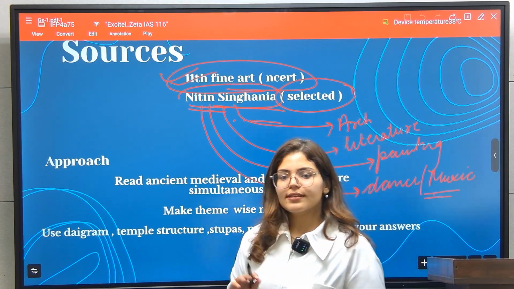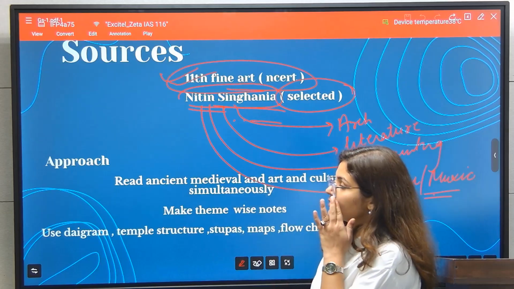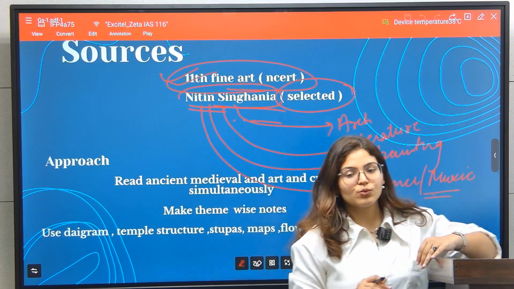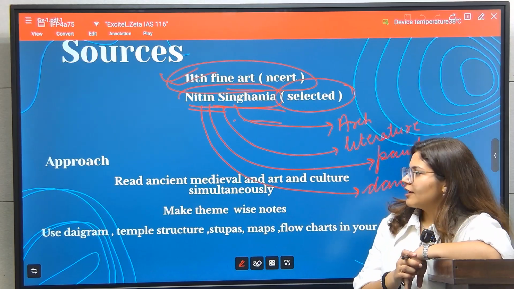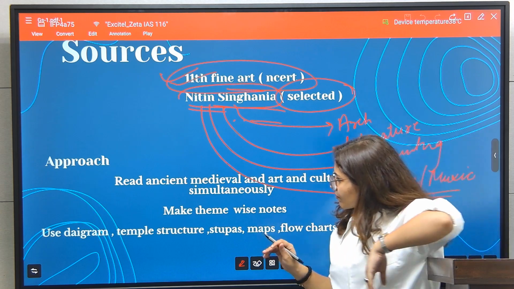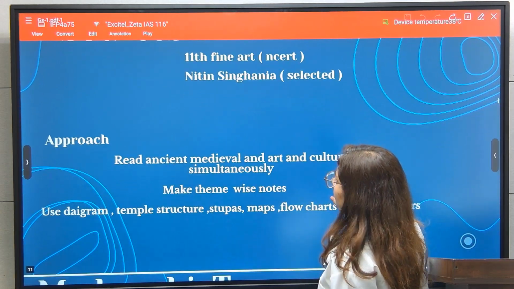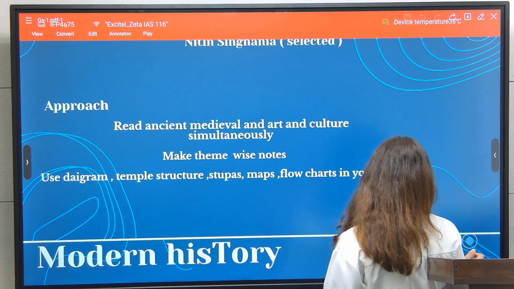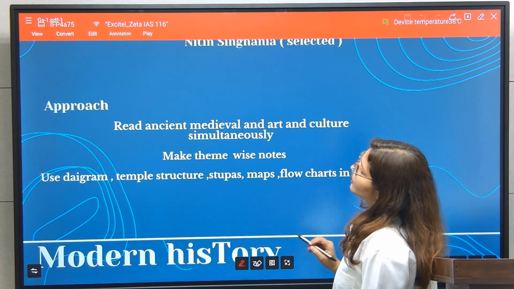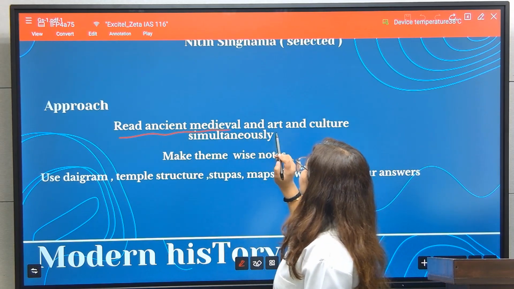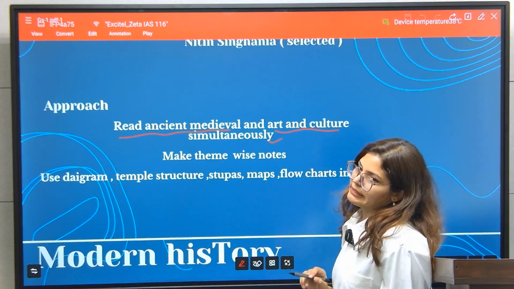So now what's the right approach to deal with art and culture, as art and culture is a very complex subject, especially in mains? What you have to do is read ancient, medieval and art and culture simultaneously.